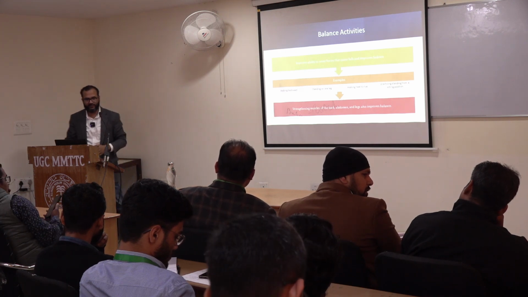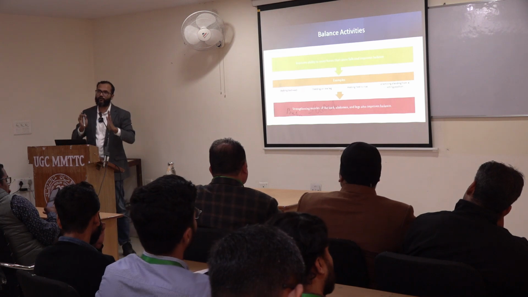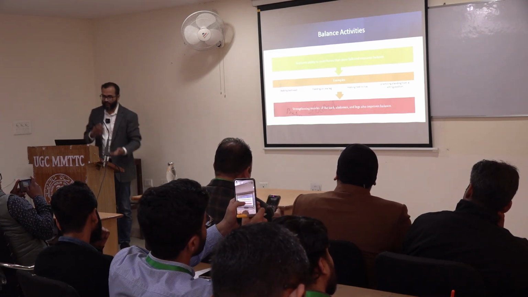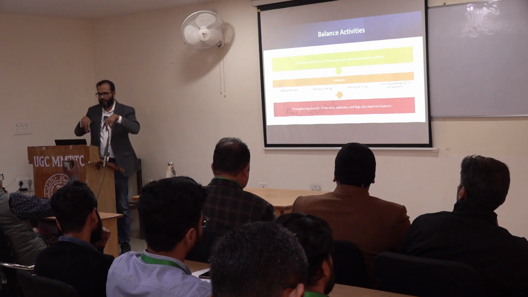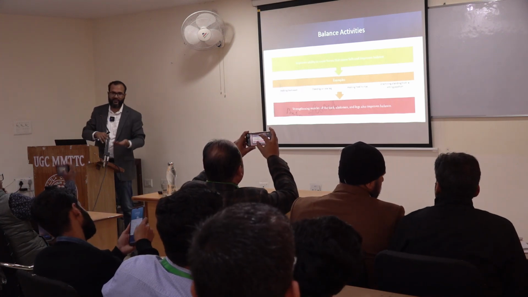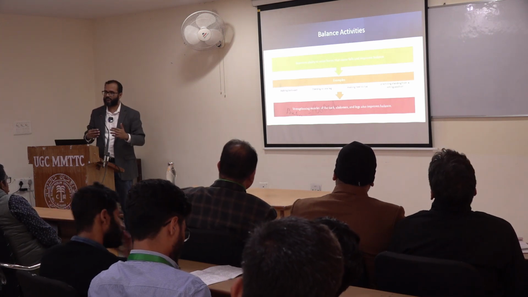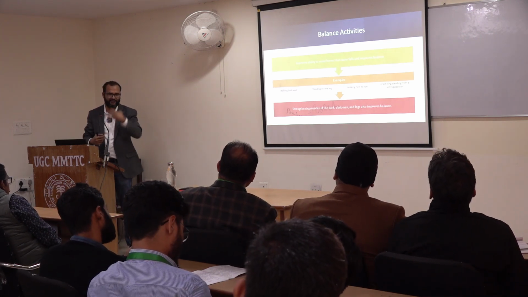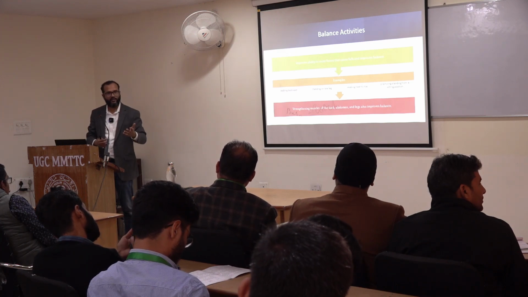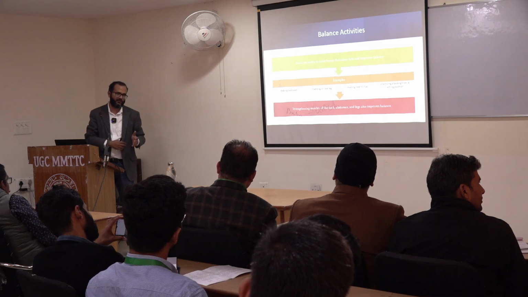Then there are exercises which are directed against improving your balance, like walking backwards, standing on one leg, walking from heel to toe, okay, repeatedly sitting down and standing up. So it strengthens the axial muscles. And why people fall is because they do not have that much strength in axial muscles.